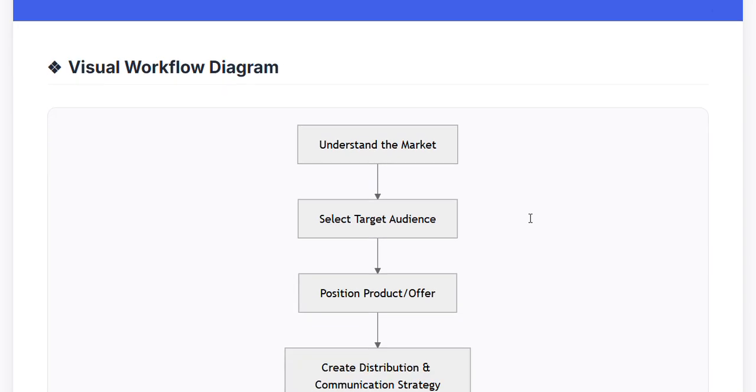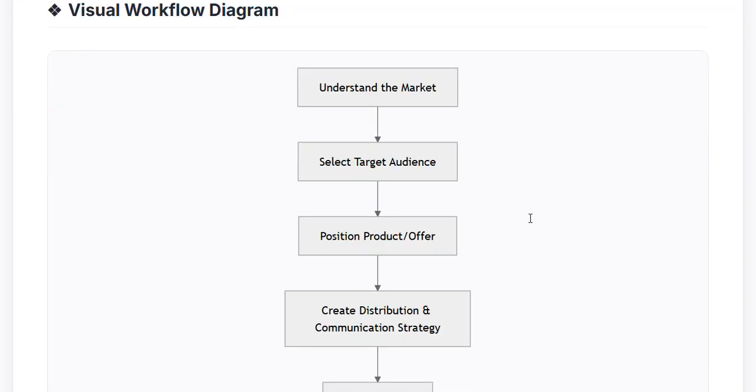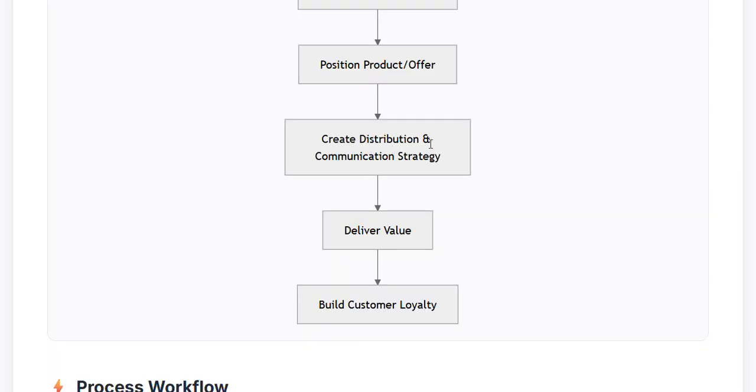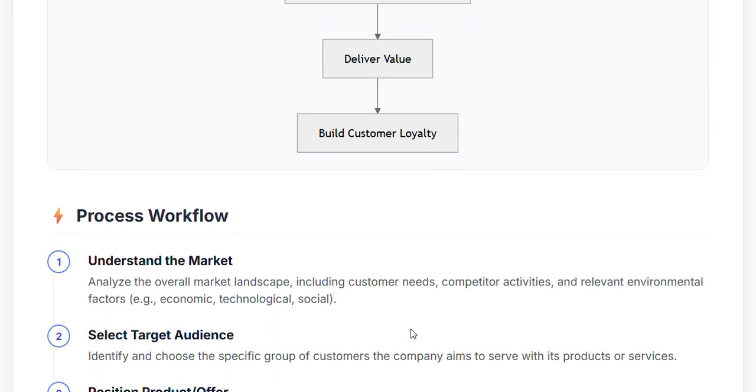Now we move to the slide's visual diagram. As you see on the screen, let's start first with understanding the market, then move to selecting the target audience, then positioning the product, then creating, distributing, and communicating strategy, delivering value, and building customer loyalty.